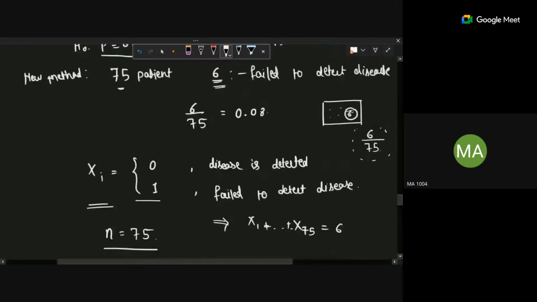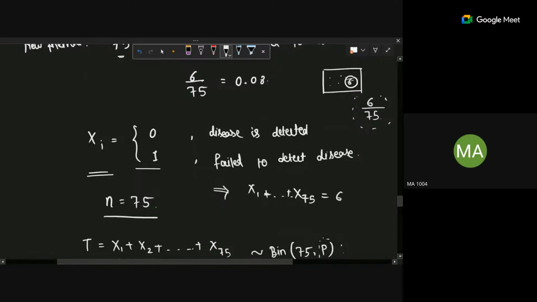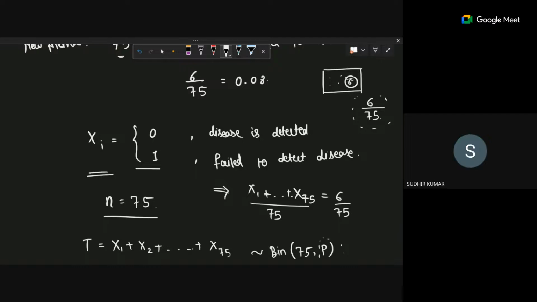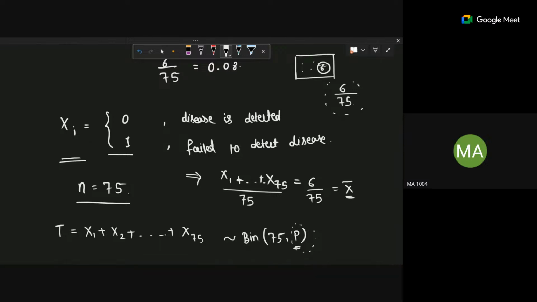The same thing as the scores: we'll find the average somehow. When you divide it by 75, isn't it the sample average? This average is the average of failing to detect. Yes, this is a sample mean, the sample mean of failing to detect.